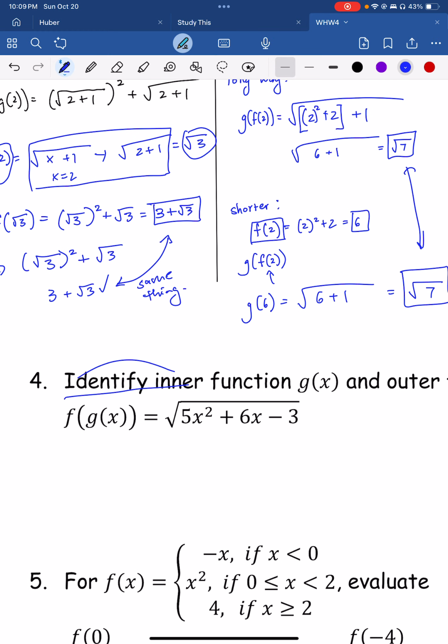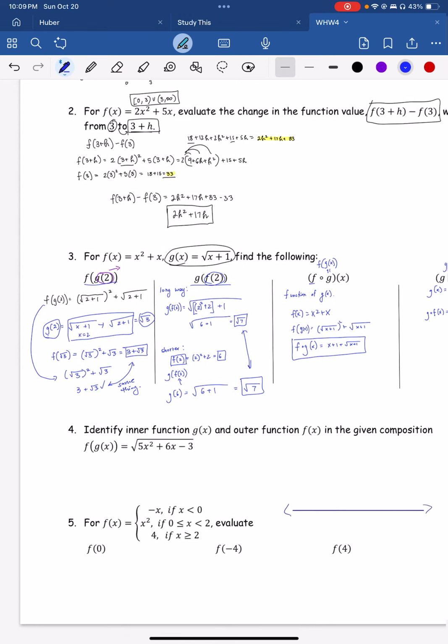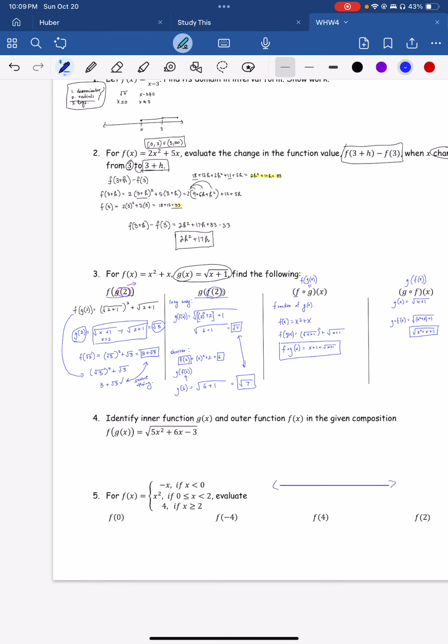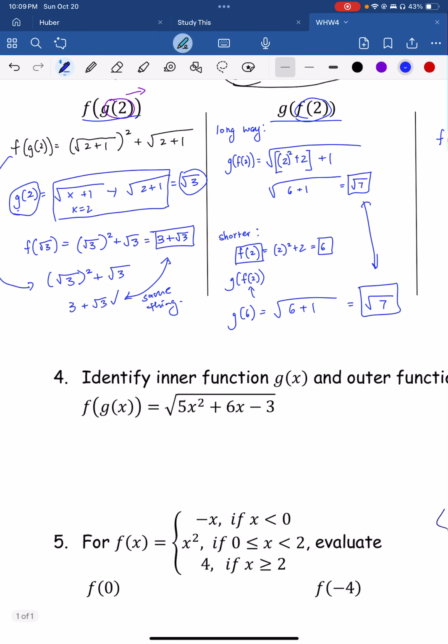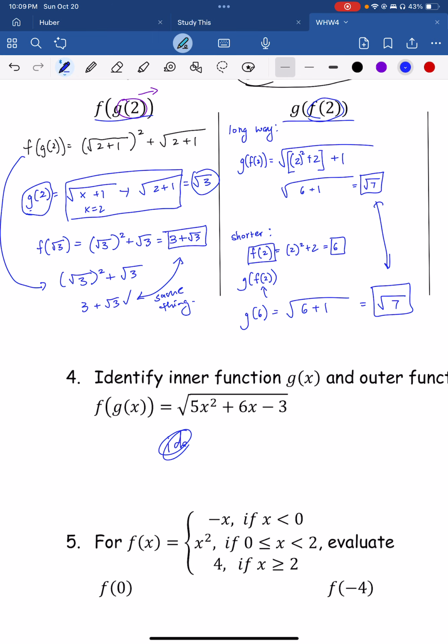So number 4 is related to the questions above. It's the same idea where you have to identify two functions.